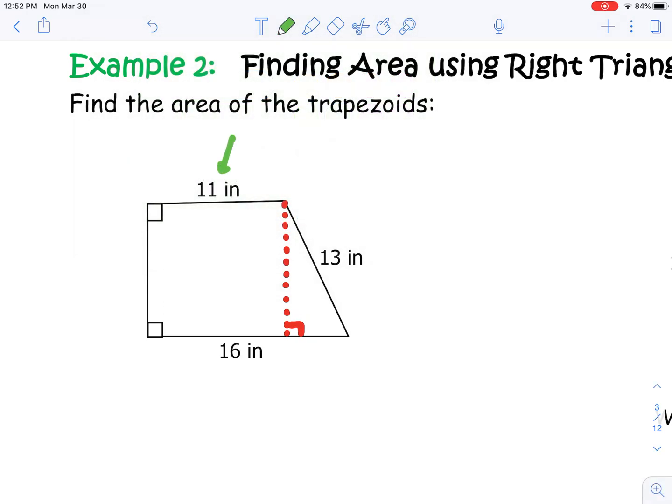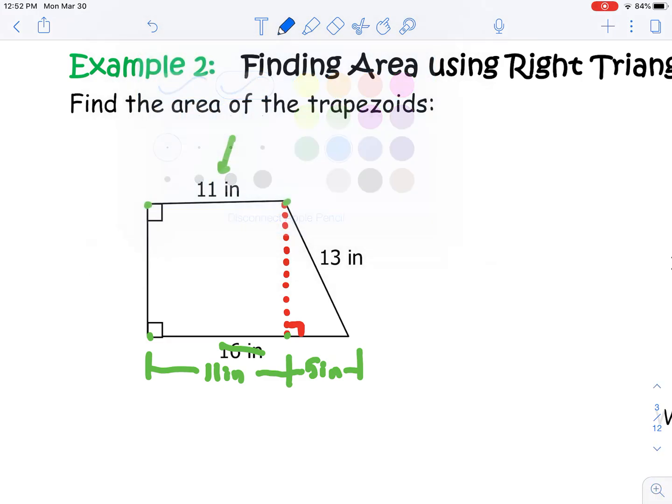Because notice, I know up here that there are 11 inches from this corner to this new corner that I've created, which means at the bottom there's 11 inches from this corner to that corner. So I can start to break up this trapezoid into parts. If the total thing was 16 inches, that means that what's left is 5 inches over here.